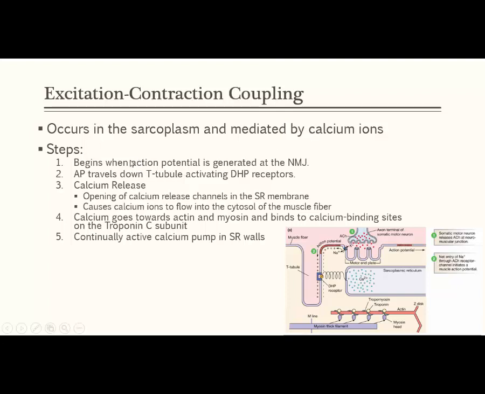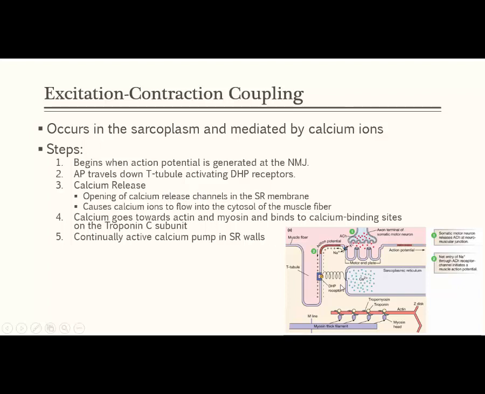So first, if you remember, we have an action potential generated at the neuromuscular junction where acetylcholine merges with acetylcholine receptors, which opens acetylcholine-gated sodium channels, which start an action potential down the sarcolemma. That action potential travels down the T-tubule and activates receptors in the T-tubule that are voltage gated.